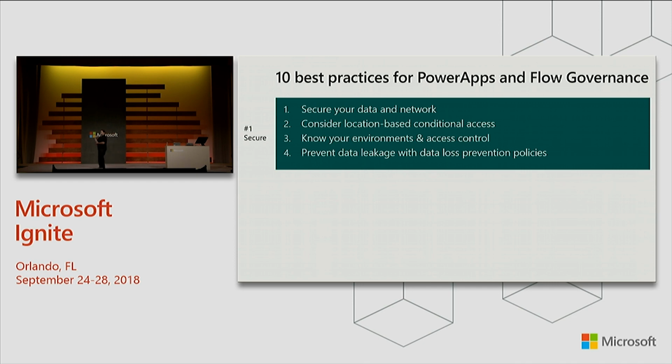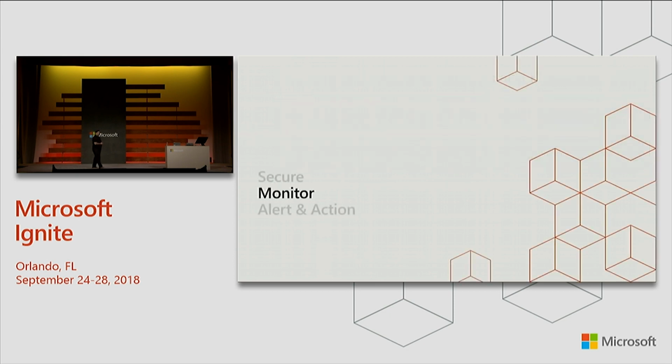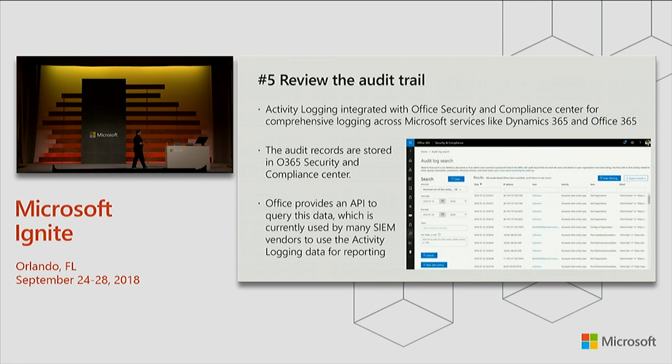So what we've covered so far, and I'll reiterate this with some links at the end, is the secure section. Before we move on to monitor and alert in action, secure your data, and consider the conditional access policies that we now support for the applications for both PowerApps and Flow. Environments are critical to understanding how things are deployed within your service.